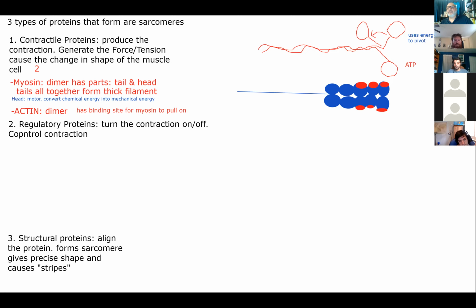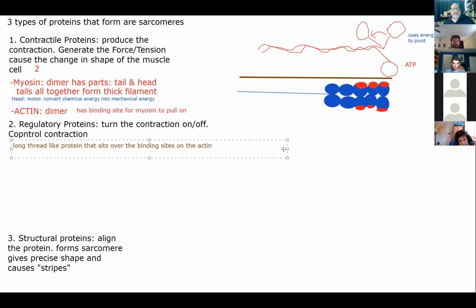There is a big, large thread-like protein that sits on top of the actin. And the long thread-like protein that sits over the binding sites on the actin is called tropomyosin.